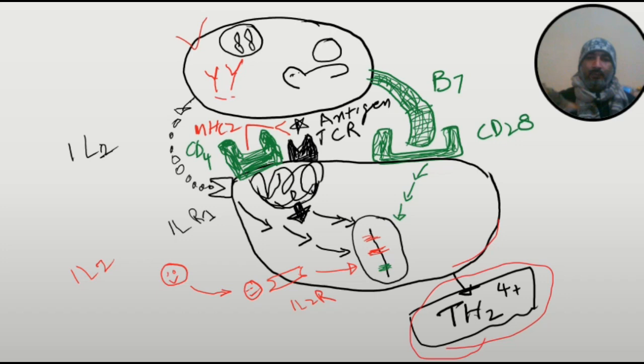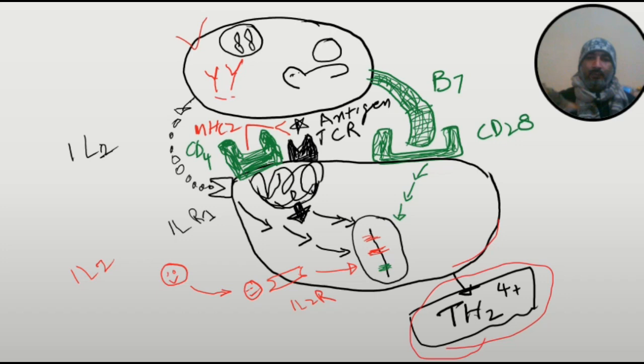This is called primary interaction. And then after that, the co-stimulation starts. Co-stimulation means that IL-1 is produced by the macrophages, and that will stimulate the receptor on the T helper cell here.